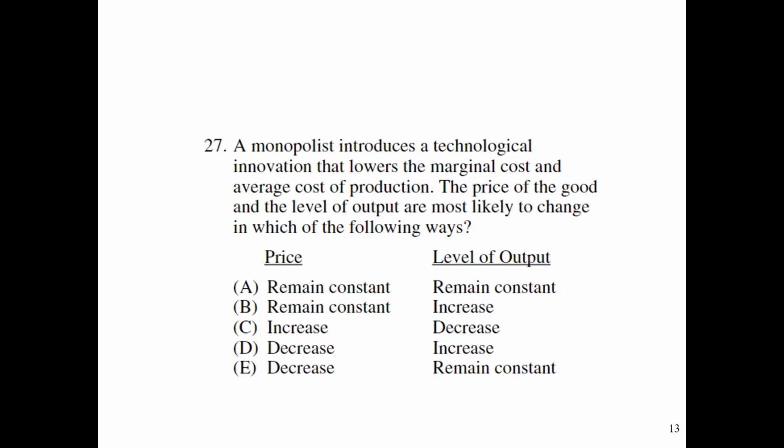I'm going to shift it right. For the price and quantity, Robbie, do I really have to shift my ATC? No. All right, so I shifted it right. I have a new MC equals MR, right? I take that down, my quantity increases, right? I then take this up to demand, price decreases, right?